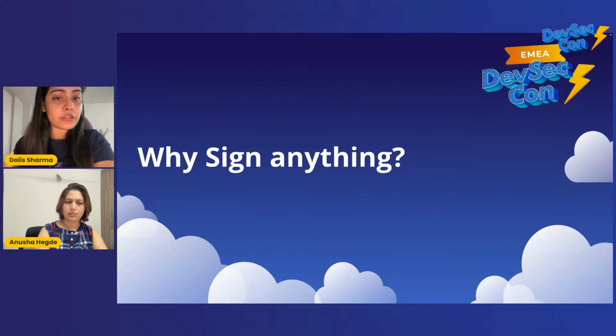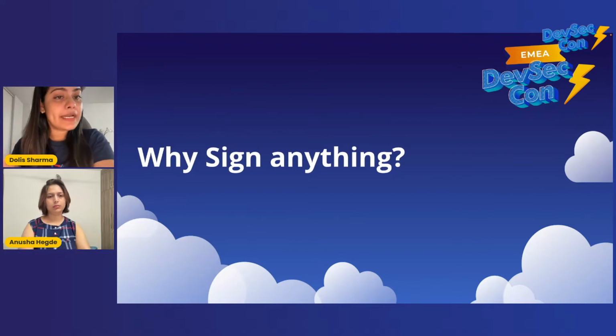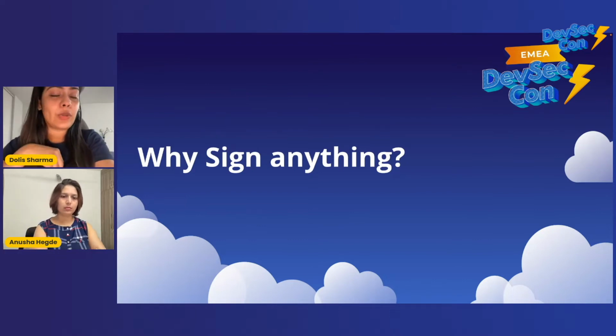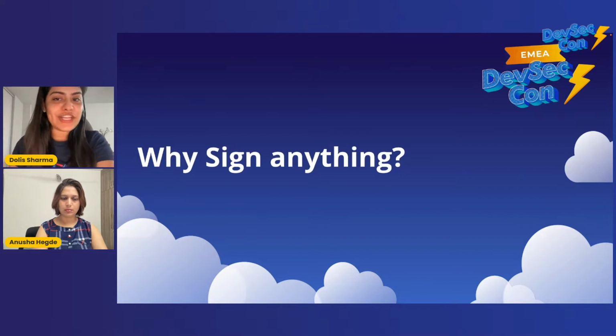It provides integrity, where you can make sure that the data has not been tampered with in between. And finally, once you have signed something, you cannot go back and change it; updates or changes like that cannot happen once you sign.